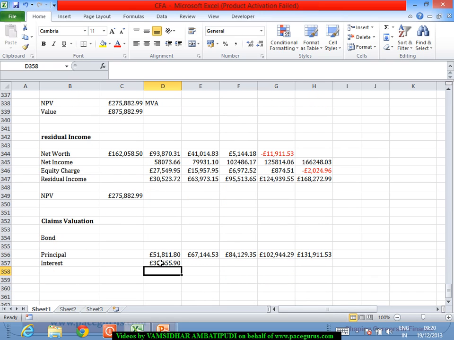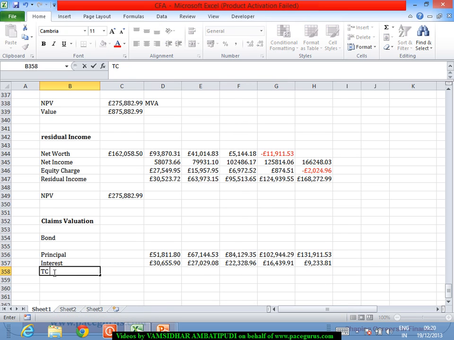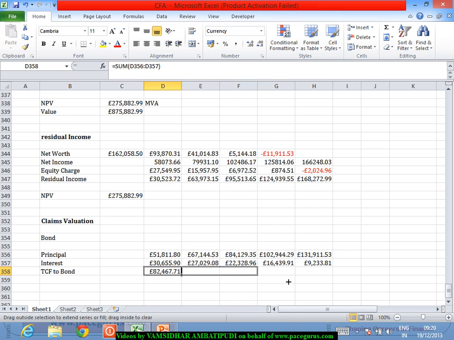So the total cash flow to the bond investors is the summation of the principal repayment as well as the interest repayment, resulting in these numbers.